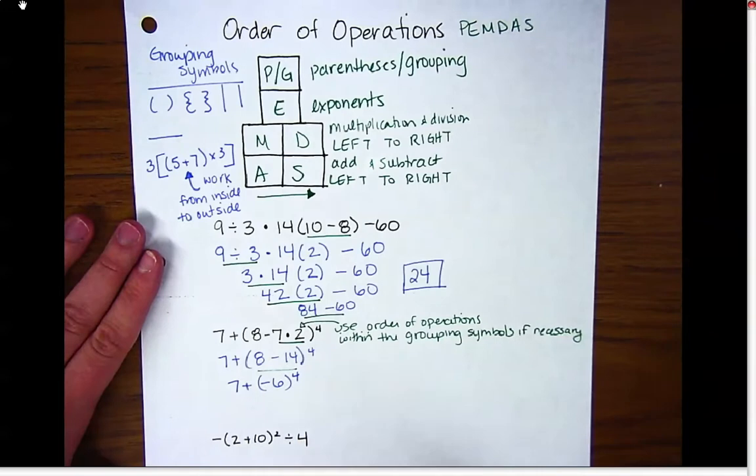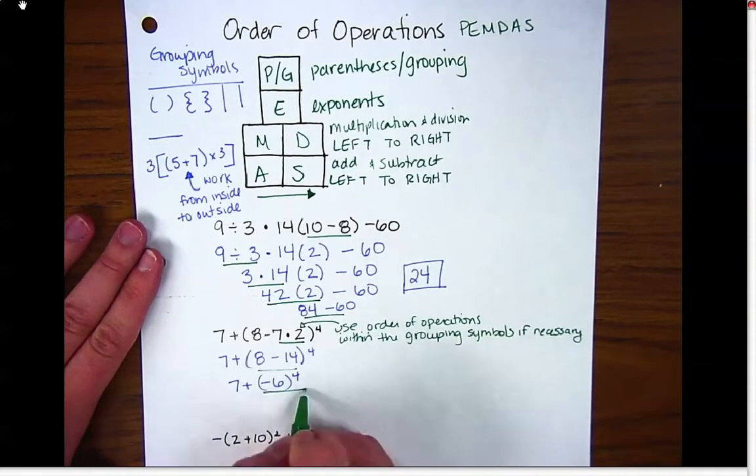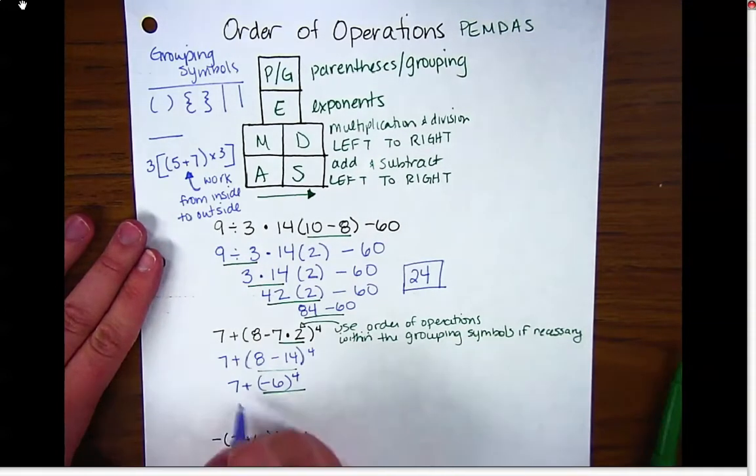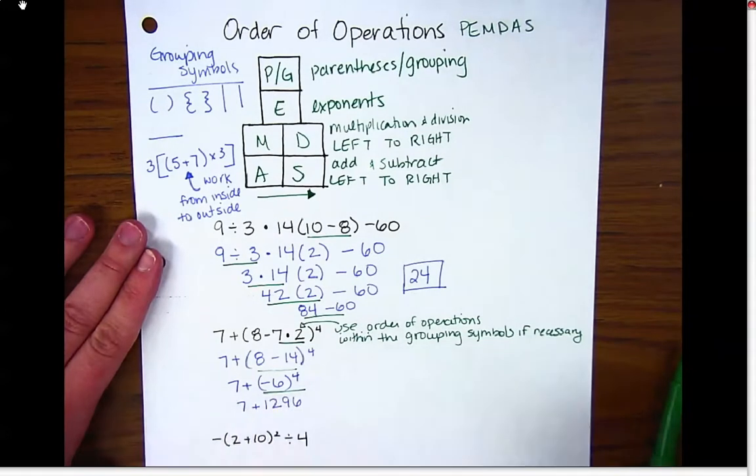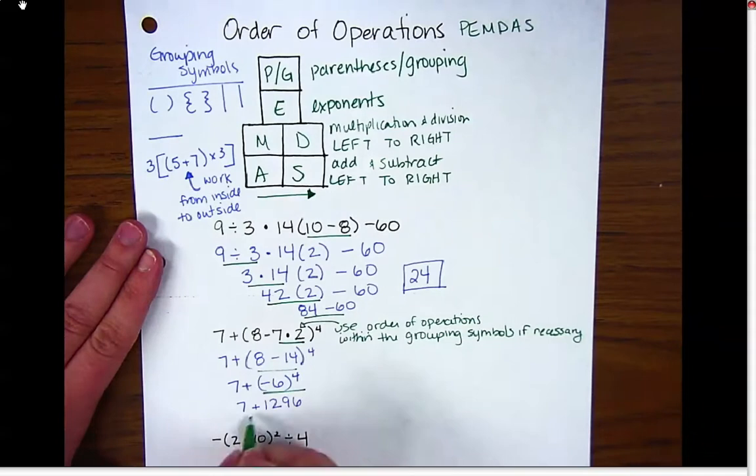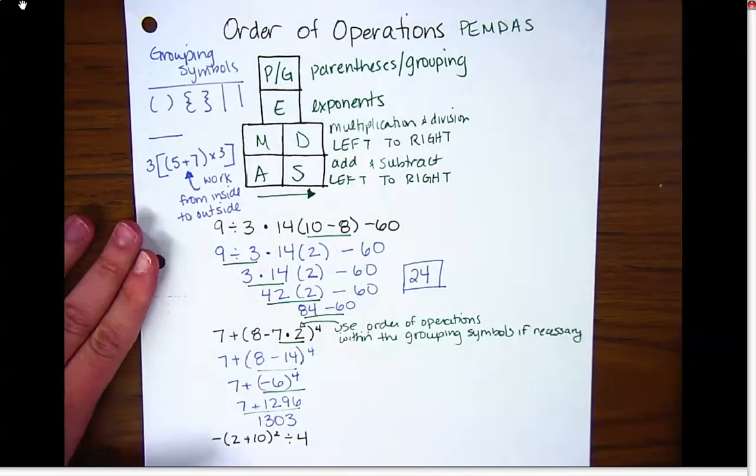Because I have an even number of negative numbers and they're all being multiplied, I'm going to get a positive answer. When I calculate that out, I get 1,296, which I am then going to add to my 7 to get 1,303. Okay?